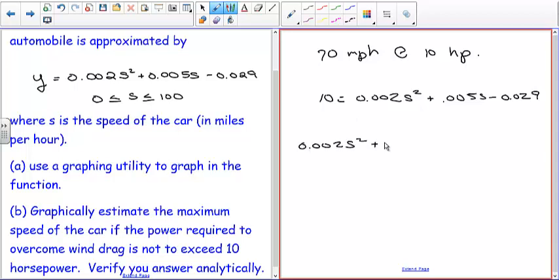The only thing that really happens is we subtract 10 from both sides, so we get negative 10.029 here. Now we have to find the values where this function goes to 0, and that would be the corresponding speed that we looked up on the graph. So how do we do that?